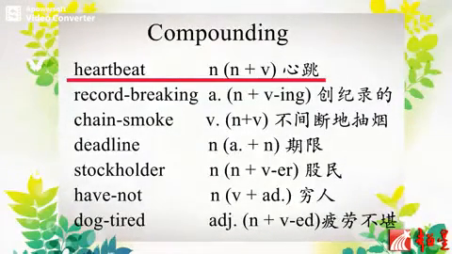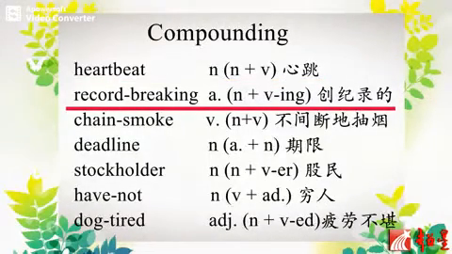However, the whole word is a noun. The second is record-breaking. The first is a noun, the second is a verb, break, plus ing, makes an adjective. The whole is an adjective. So the part of speech of the elements and of the whole word are quite often different. Let's look at some more.